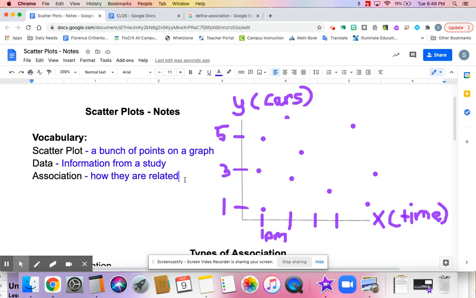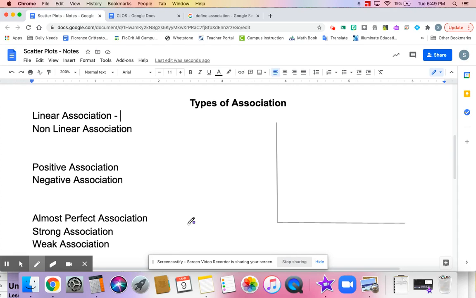And that's what we're going to talk about for different scatter plots. What are the different types of associations they can have? There are many, many types of associations with scatter plots, and we're going to talk about different types.